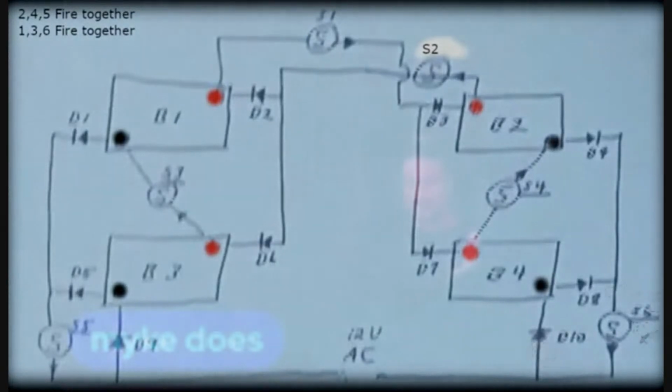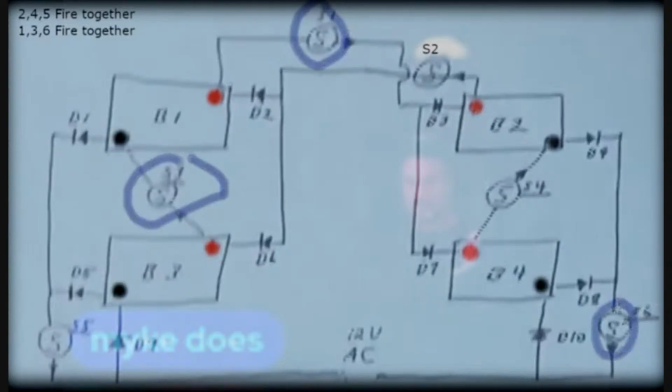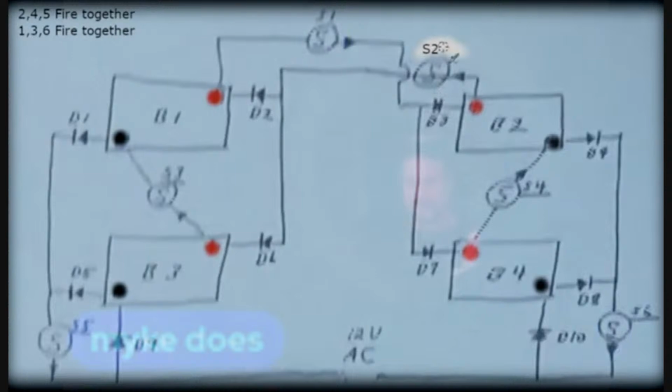So I will. Here's switch 1. I'm sorry, that's switch 3. Here's switch 1. Here's switch 3. And here's switch 6. Those fire together. And then they open. And then the other 3 fire, which is switch 2, 4, and 5. Here's 4. And here's 5 on the other side.